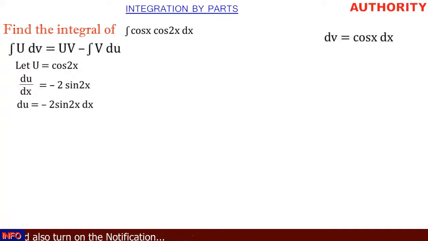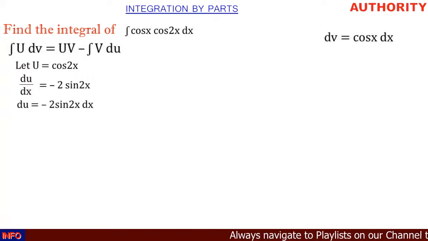Now let's go to the other side, where dv is equal to cos x dx. When we say dv, we're talking about the derivative of v, and dx, the derivative of x. So it is in derivative form, and we want to remove it from derivative form.